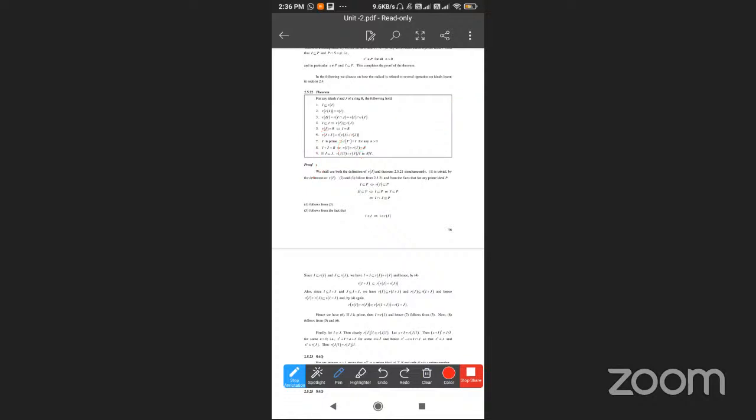Now the second part: the radical of the radical of I is equal to the radical of I. According to the definition, the radical of I is the set of all x belonging to R such that x to the power n belongs to I, for n a positive integer.